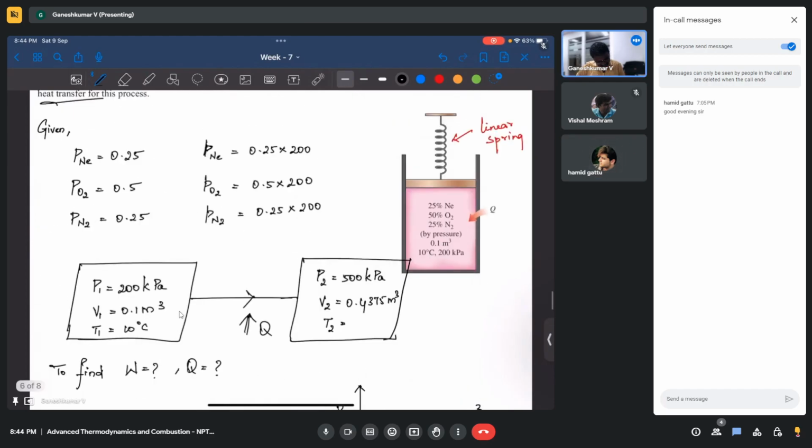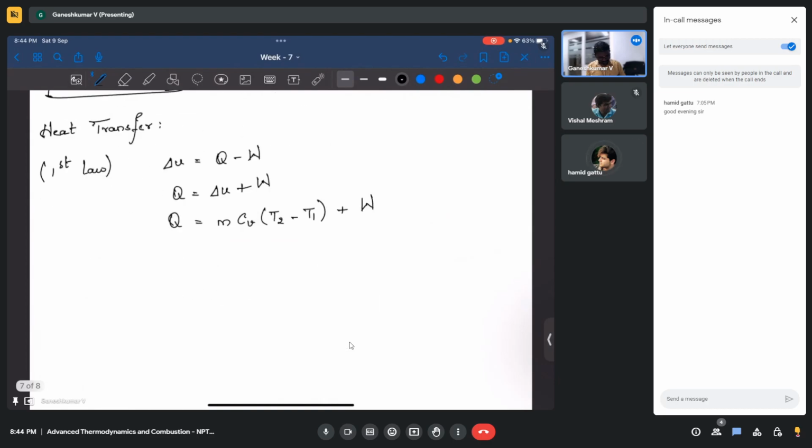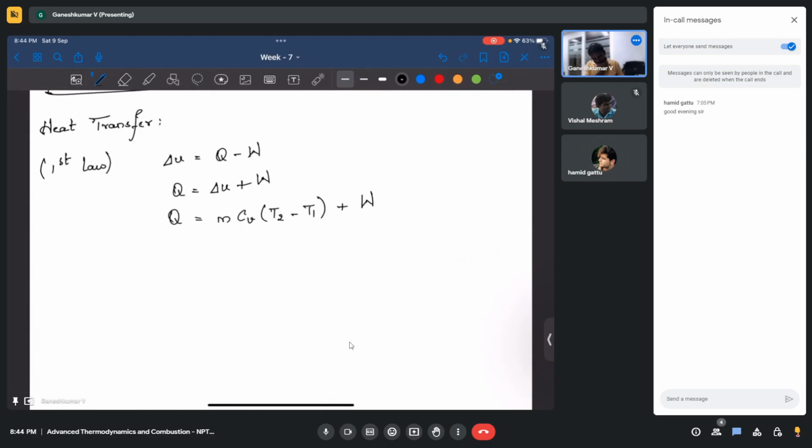Is the mass given? Mass is not given. Mass also we need to find out, the mass of this system, and also we need to find Cv for this mixture.